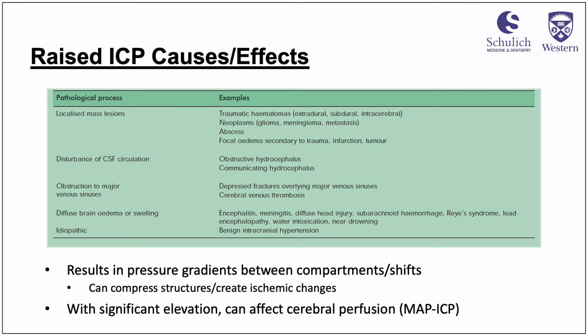Certainly it can also be secondary to a traumatic brain injury. You can have obstruction of CSF drainage and hydrocephalus, and then other causes such as idiopathic intracranial hypertension or encephalitis, meningitis, other less common reasons for raised ICP.